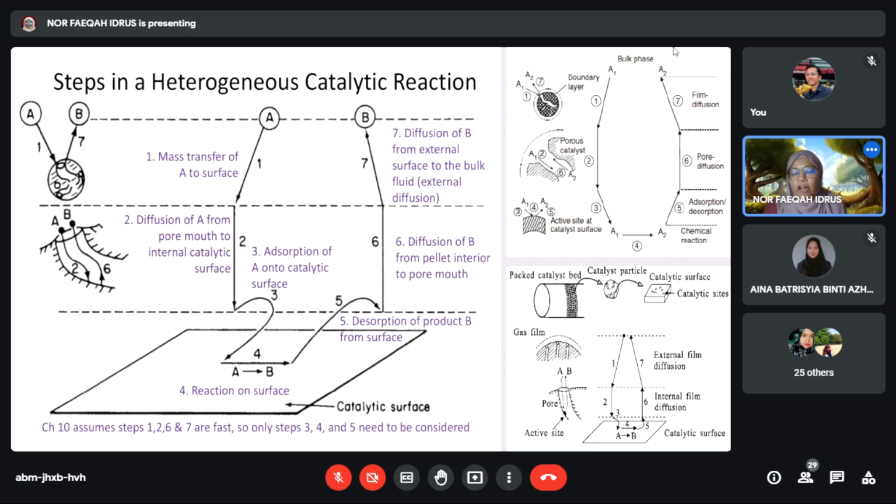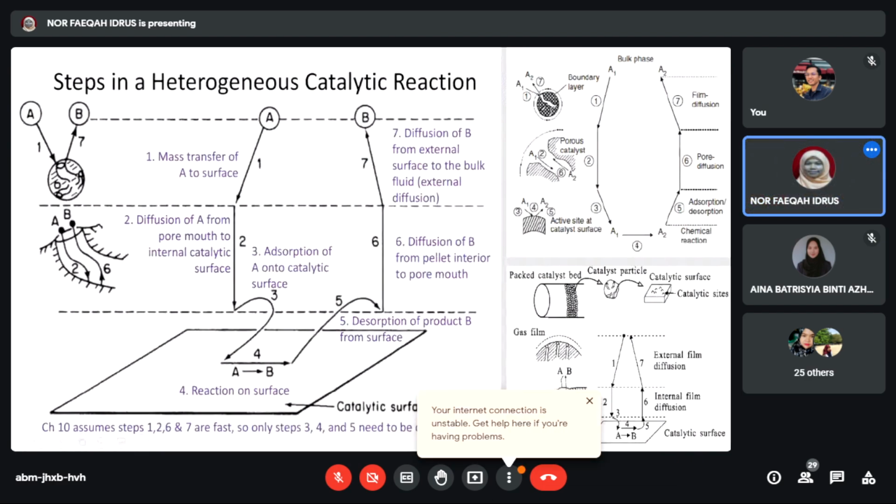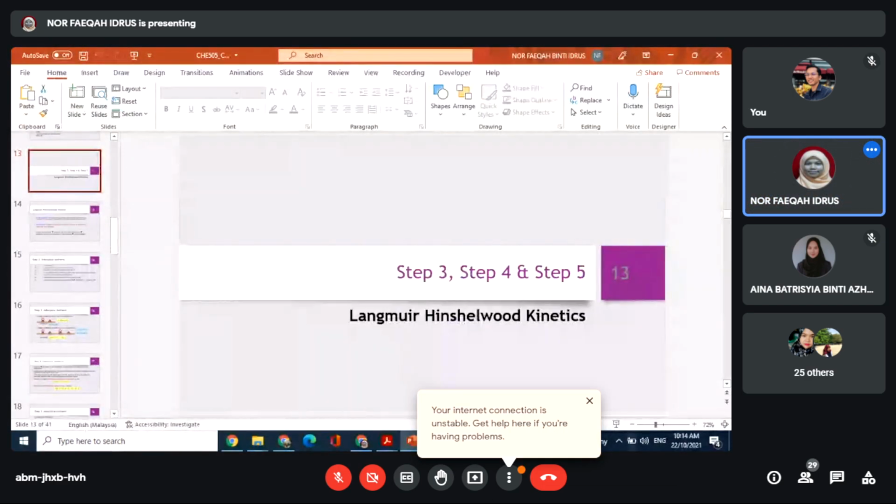They involve the adsorption of the reactant to the active site of the catalyst, the reaction occurring to form the product, and finally the product desorbing from the active site.